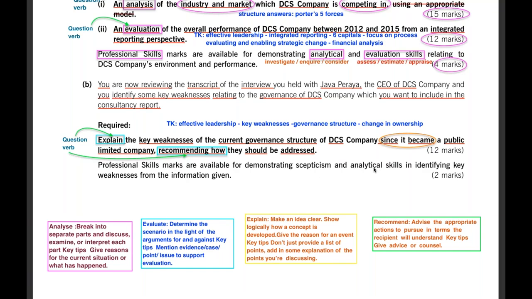When it comes to your analytical skills, what do you think you should be demonstrating?